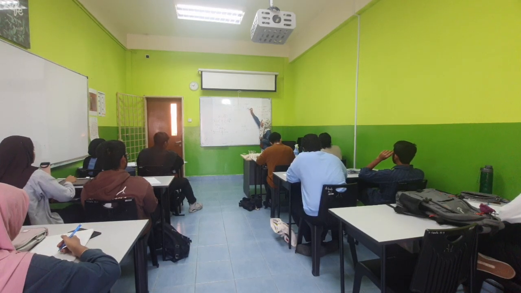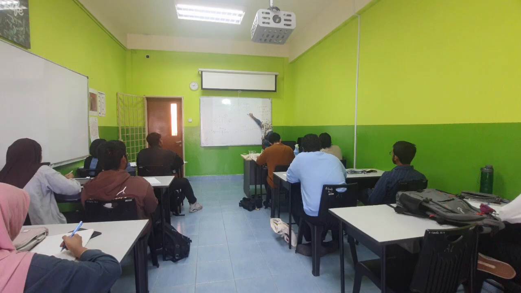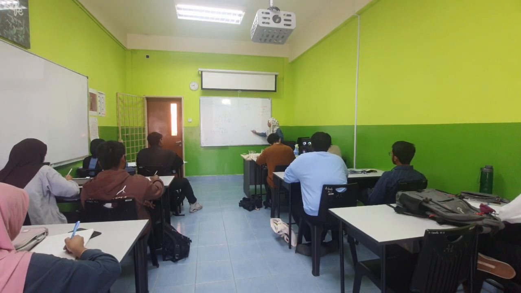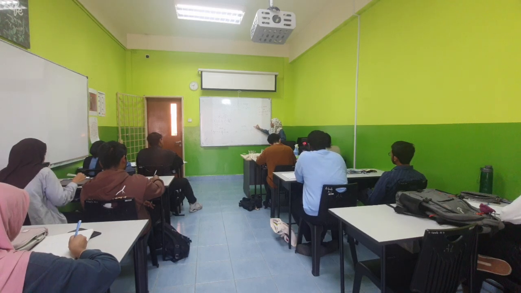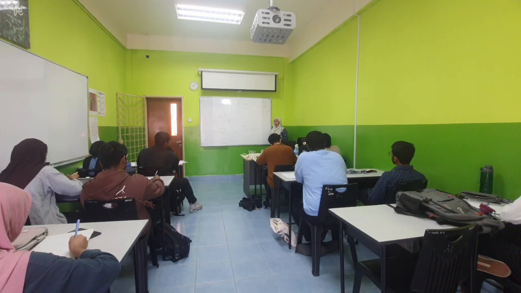You must have C double bond O. If you have alcohol, the functional group of alcohol is OH, always at the end of the compound. But now we talk about ketone. So when we talk about ketone, you must make sure the C double bond O is always in the middle of the carbon chain. This is your parent chain, your main chain, so your C double bond O must be in the middle. That's the way you draw the functional group for ketones.